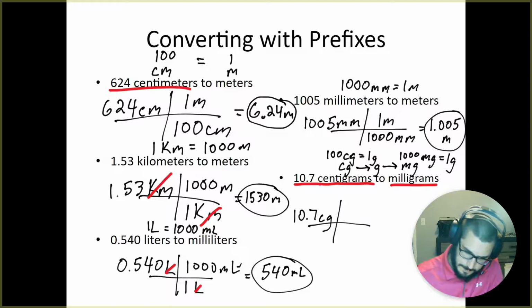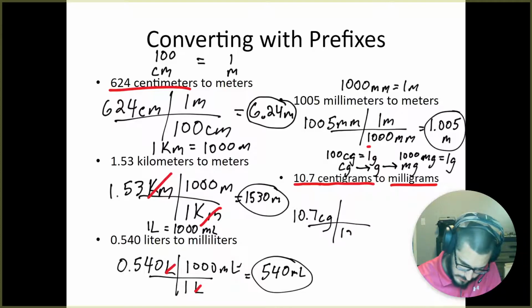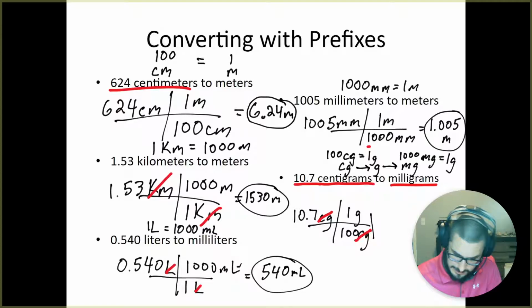So we've got the centigram needs to go on the bottom here. So I'm going to pull this one first. I need the centigram part, which is going to be 100 centigrams on the bottom, which means that because I put the centigram part of this on the bottom, then the 1 gram goes on the top. Centigrams cancels, I'm left with grams, so I have another step because I'm not to the unit I want yet. I wanted milligrams.